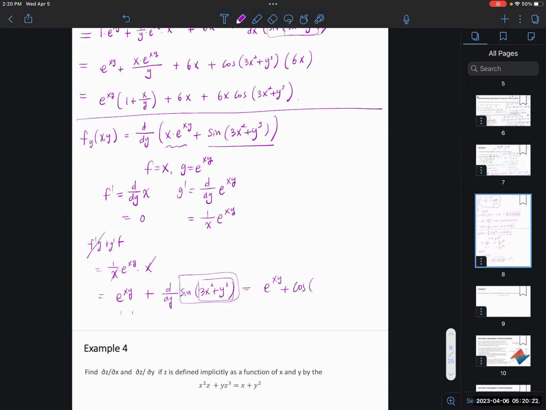So cosine of 3x squared plus y to the third. And then you're taking the inside with respect to y, 3x squared is going to be 0. So 0 plus 3y squared. So if I rewrite it, e to the xy, I'm going to write 3y in front, cosine of 3x squared plus y to the third. That would be the f sub y.